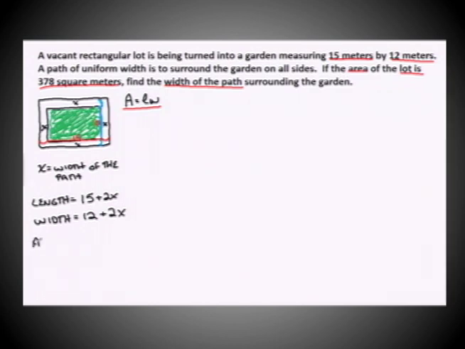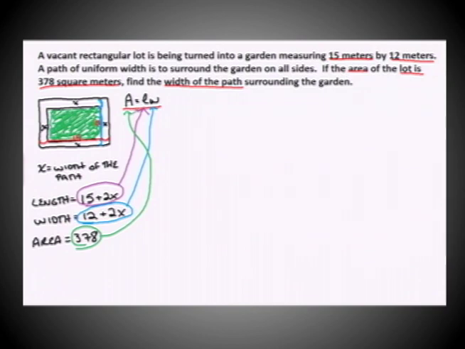Once again, we are told in the problem above that the total area is 378 square meters. So we simply need to plug in each of our pieces into our area formula. So our length will go there. We will also plug our width in to the formula. And finally, we will plug our area in as well.